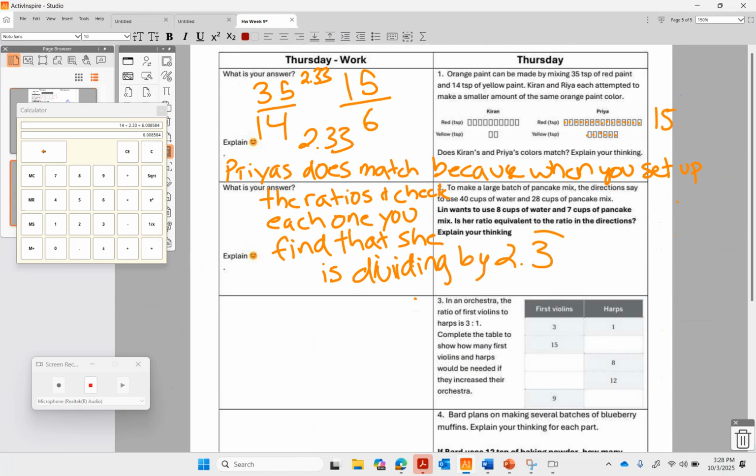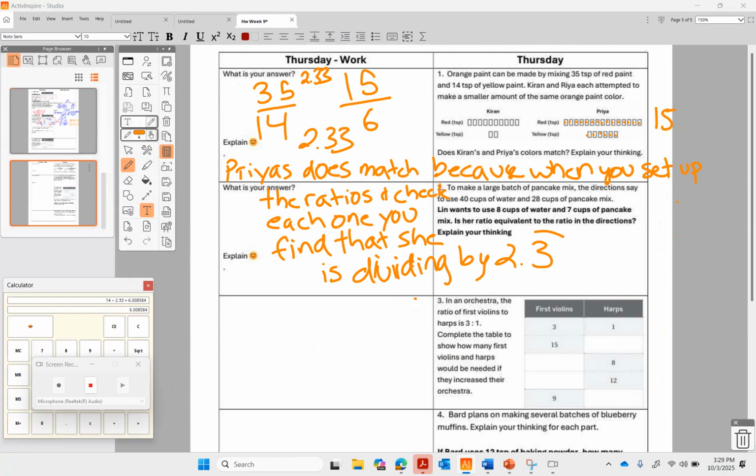So again, that's why sometimes we need to be able to use calculators. Sometimes kids will be like, oh, that's cheating. If your teacher's telling you to use a calculator, here's a perfect example why. Because I would not expect you to know that 35 to get to 15, you'd have to do 2.33. Okay? But Priya's ratio does work. Kieran's does not.